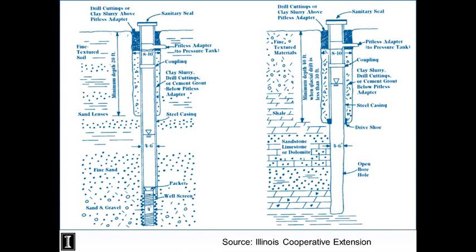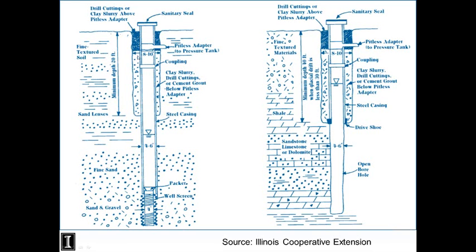Here is another example of both a sand and gravel well and a rock well. Here we have fine sand, so we put a screen in, and there is a gravel pack, or these larger particles, to keep the sand out. Around the well, the hole you originally drilled was larger, a few inches larger, so that you can put this pipe in.